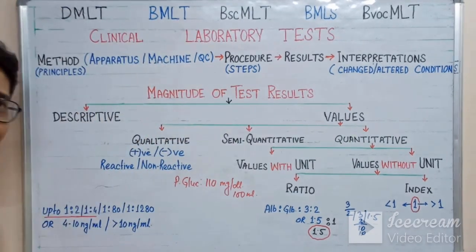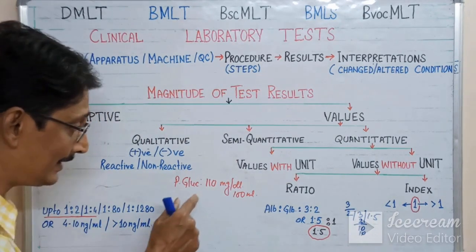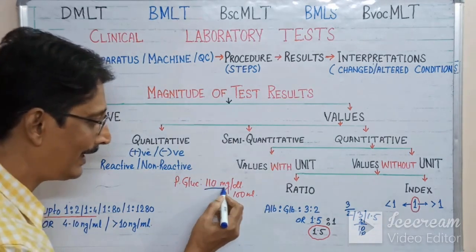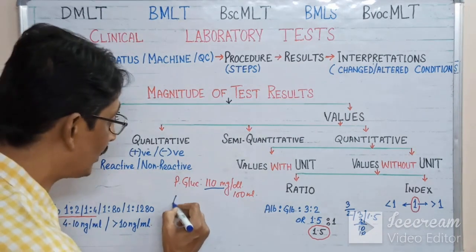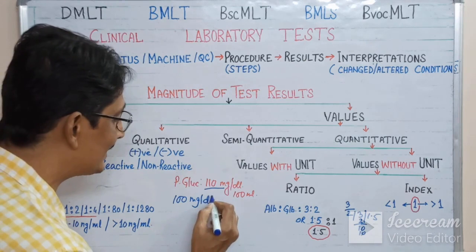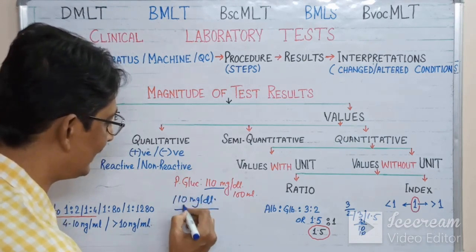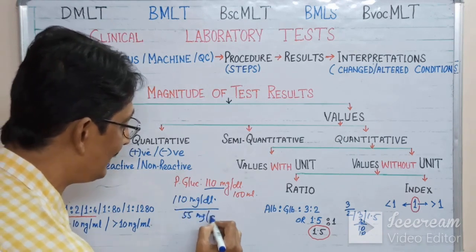Let's say your blood glucose, plasma glucose, is 110 milligram per dl, and the normal level is 55 milligram per dl.